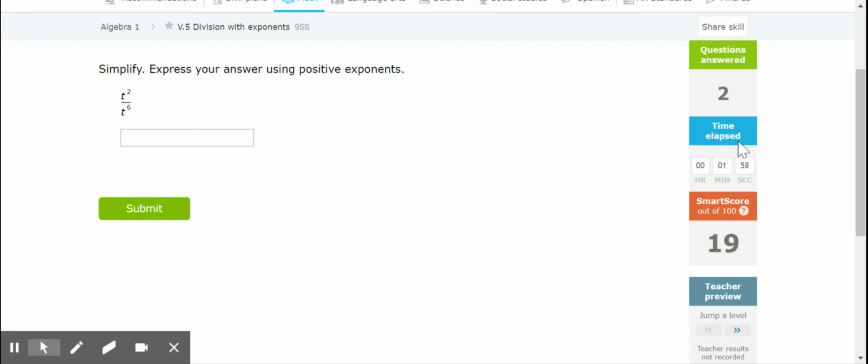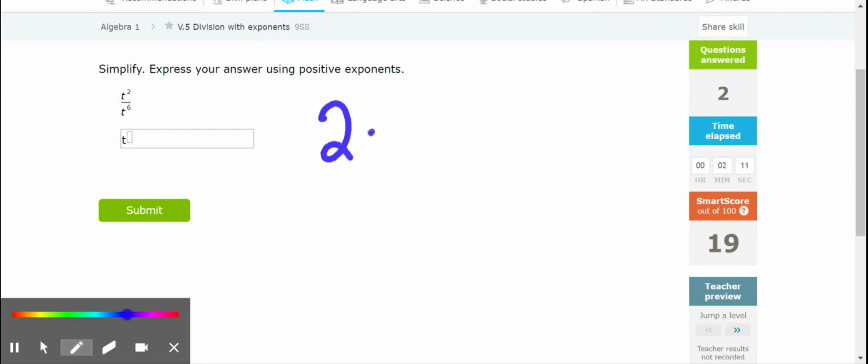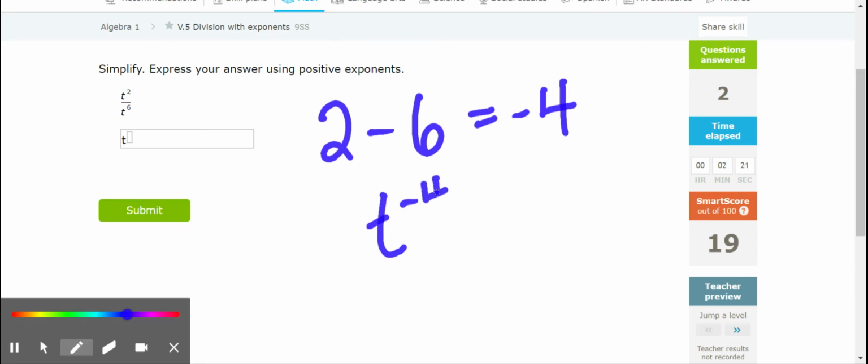Okay, so I have a T. That's going to be my base. And then I'm looking at my exponents. And I have 2 minus 6. 2 minus 6 is negative 4. So really my answer is going to be T to the negative 4.